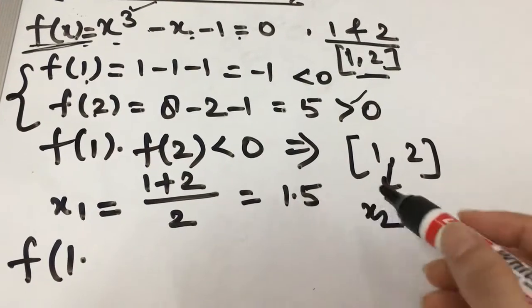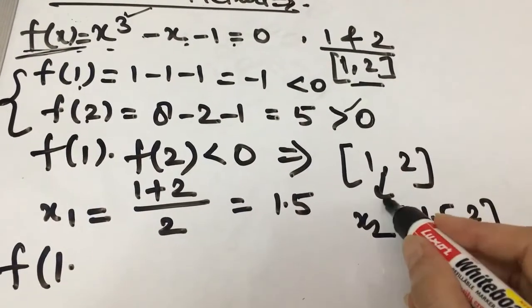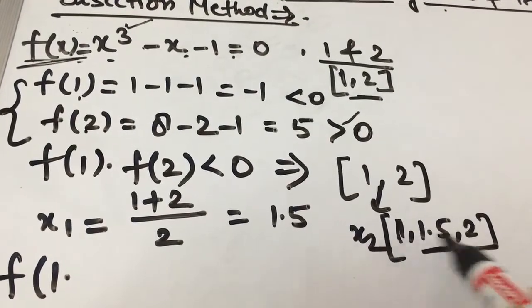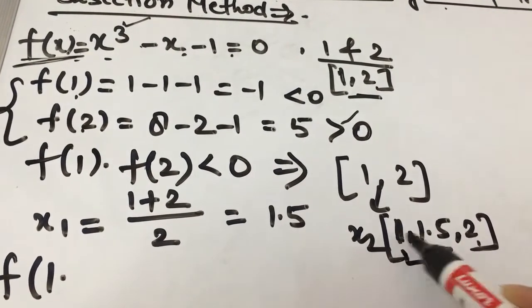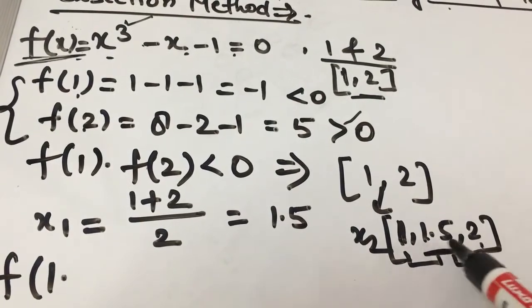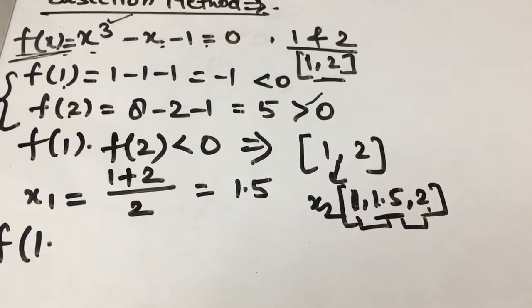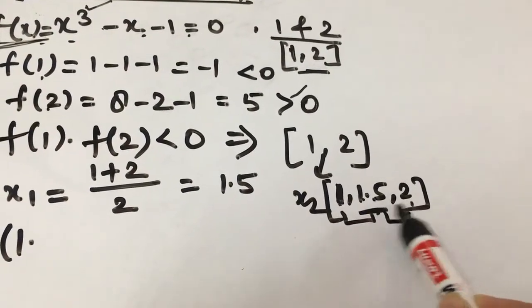I have subdivided this domain 1 to 2 into two subdomains, 1 to 1.5 and 1.5 to 2. Now I need to see whether my second approximated root will lie in this interval or in this interval.